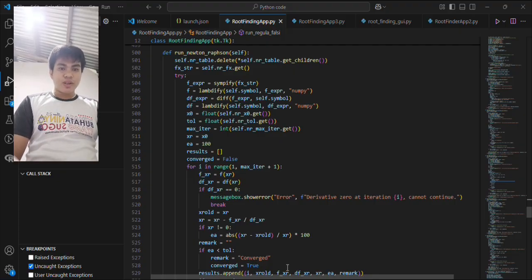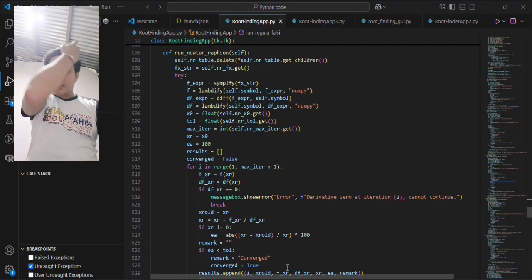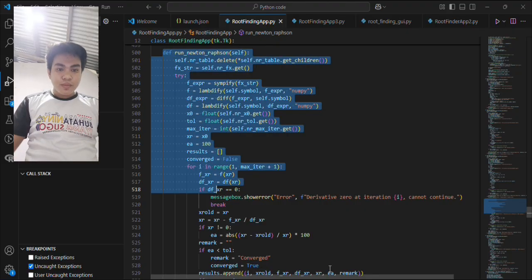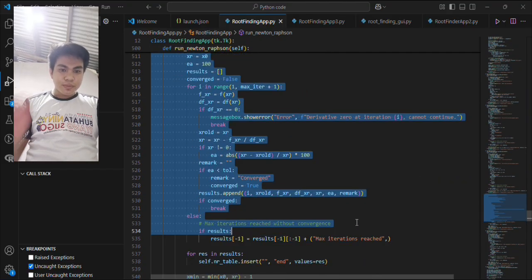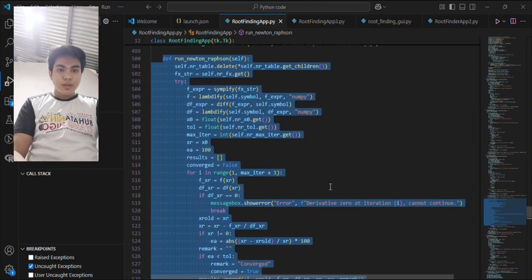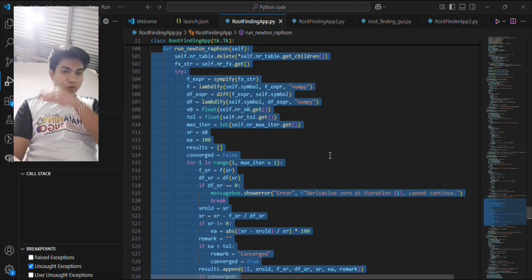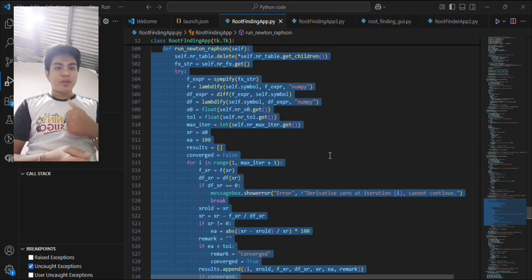Now let's go to run Newton-Raphson. Let's talk about it step by step, how it works. Step 1. Parse function and derivative. Simplify parses the function. Diff gets the symbolic derivative.